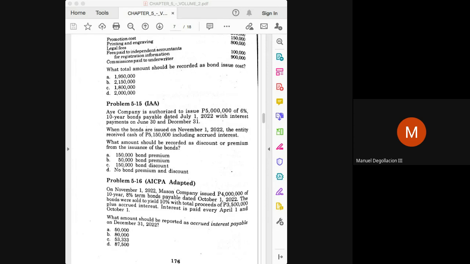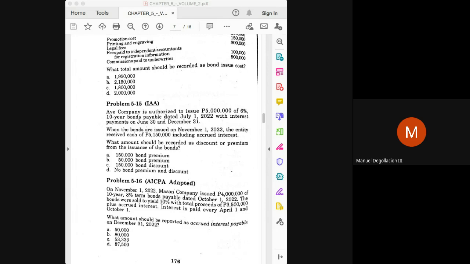So by November 1, how much interest has accrued from October? The question here, though, is as of December 31. Okay, so it will not be from October 1 to November 1. The amount of accrued interest as of December 31 should be counted from October 1 to December 31.